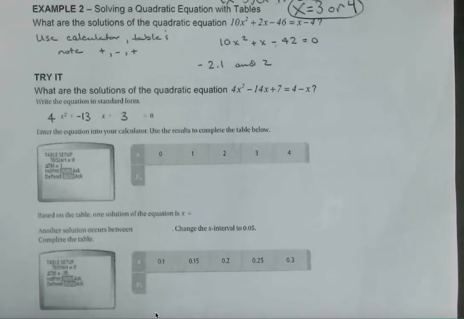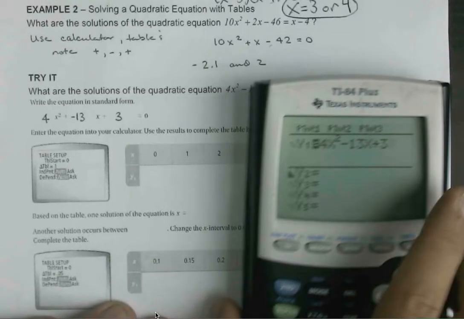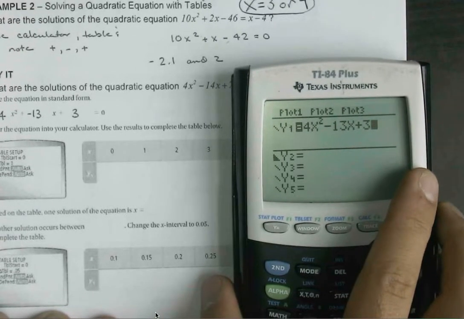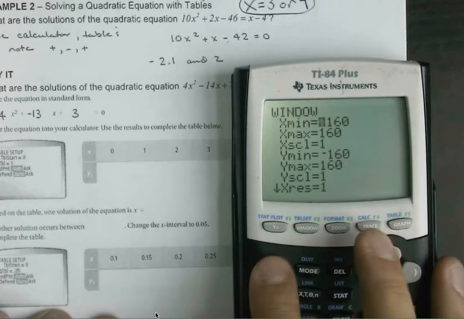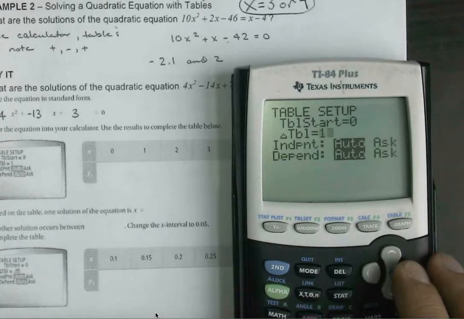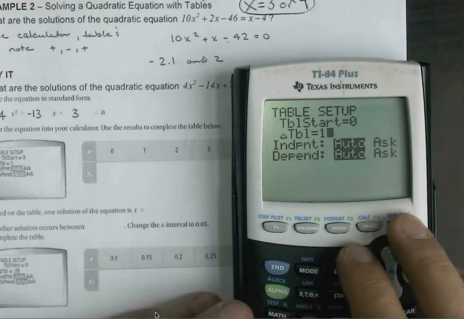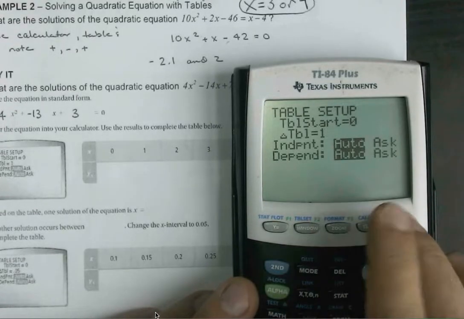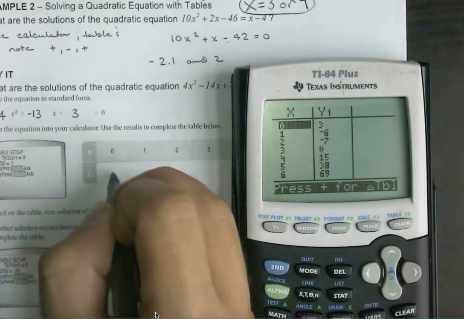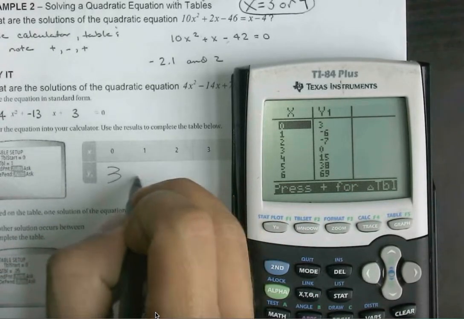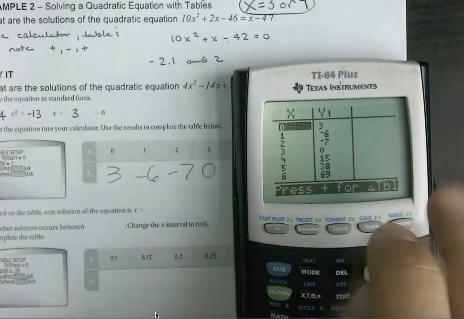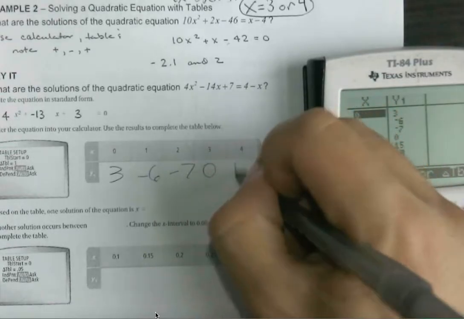We're adding on 3. After entering the equation into the calculator, use the results below to complete the table. So making sure that our table set is from 0 to 10, but now 0 to 1. If we hit second and then table, we see that when x is 0, the outcome's 3. When x is 1, the outcome's negative 6, negative 7, 0, and also 15.